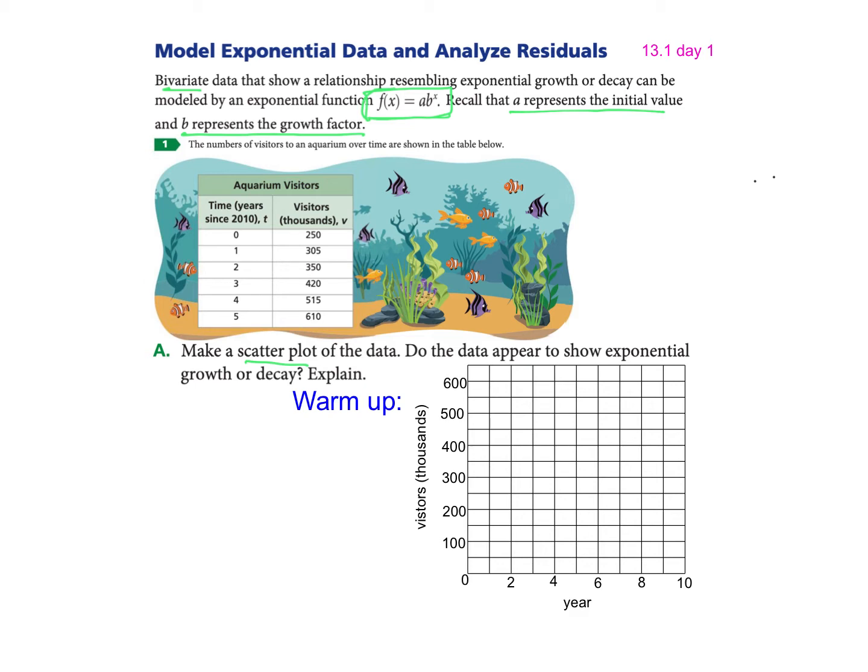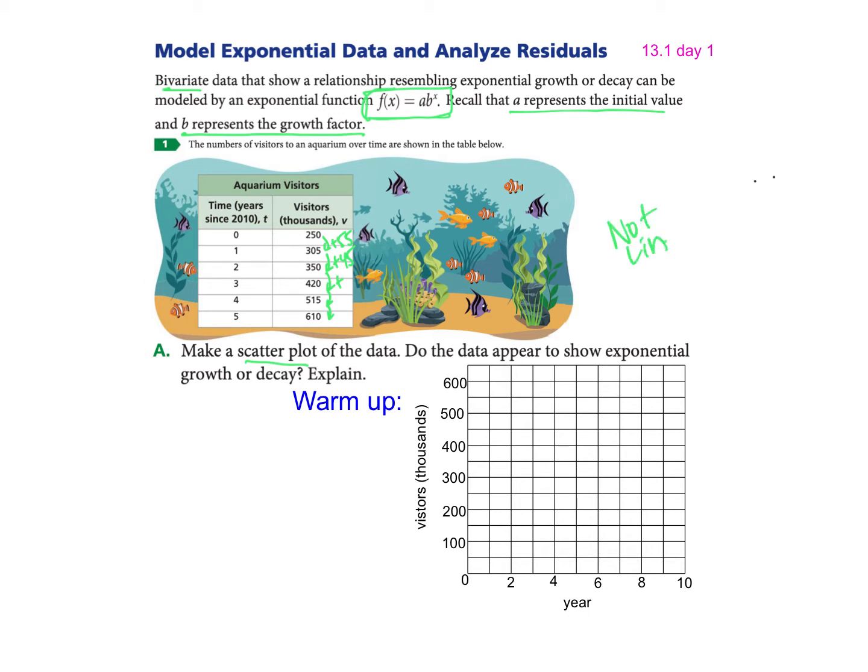Okay, so first thing you might think is, let me just check if it's linear. Is it going up by the same amount every time? Well, if I did that, this looks like up 55 and then up 45, up 70 something. Okay, so it is clearly not linear.